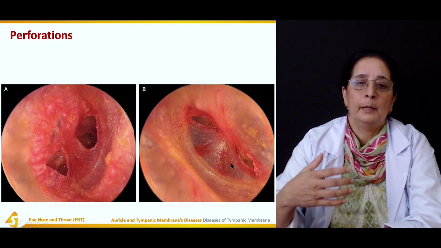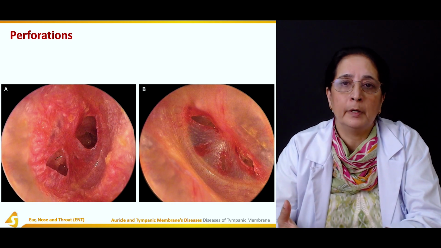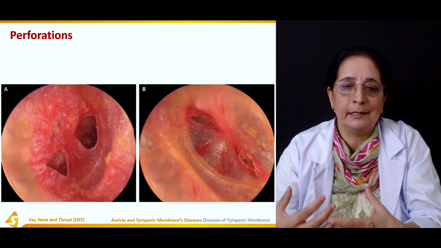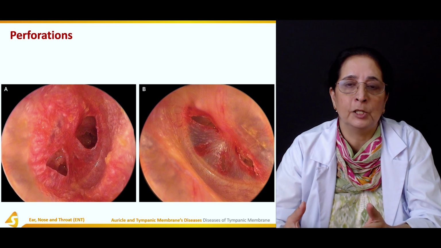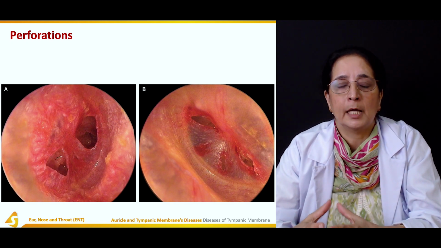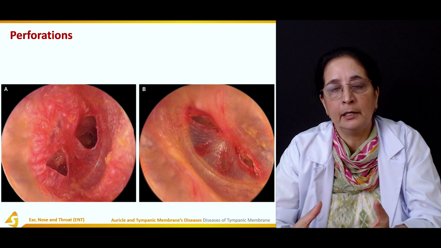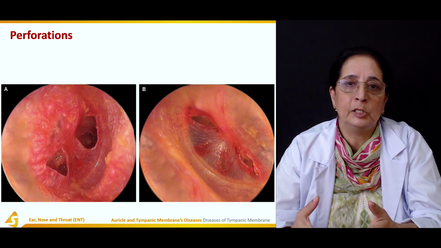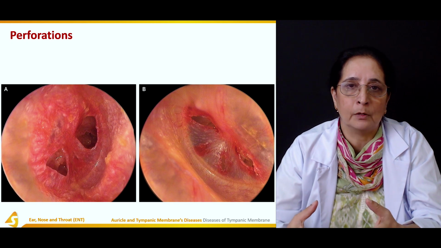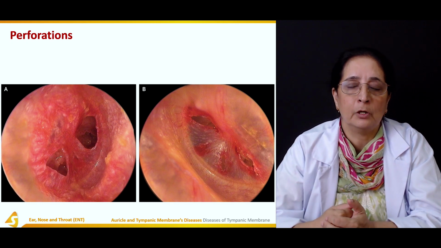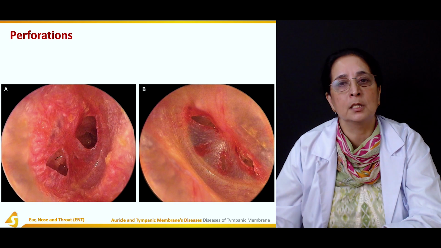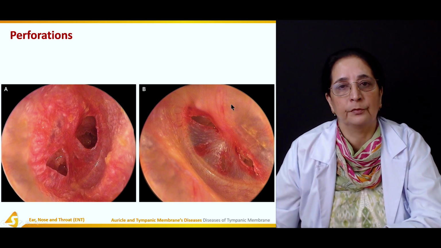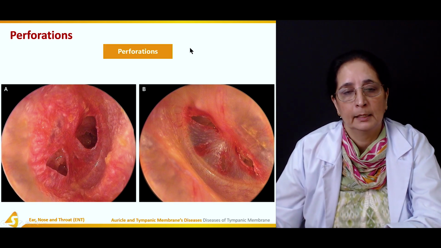Besides trauma, one common cause of perforation is increased pressure as a result of otitis media, middle ear infection. When the pressure is more in the ear as a result of accumulation of pus or blood, it can put pressure on the tympanic membrane and cause a hole or perforation of the tympanic membrane.